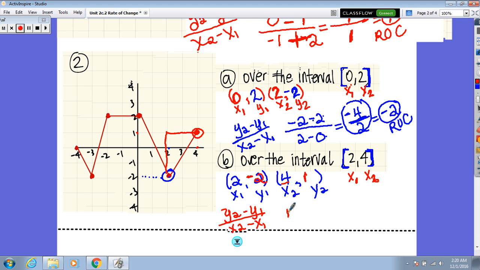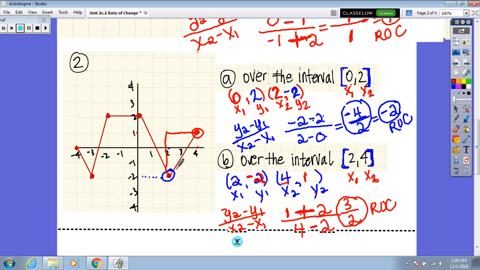Okay, so 1 minus negative 2, y2, which is 1, minus y1, which is negative 2, all over x2, which is 4, minus x1, which is 2. Both of the double negatives turn into one big plus sign. So I get 3 over 2. And that is my rate of change.